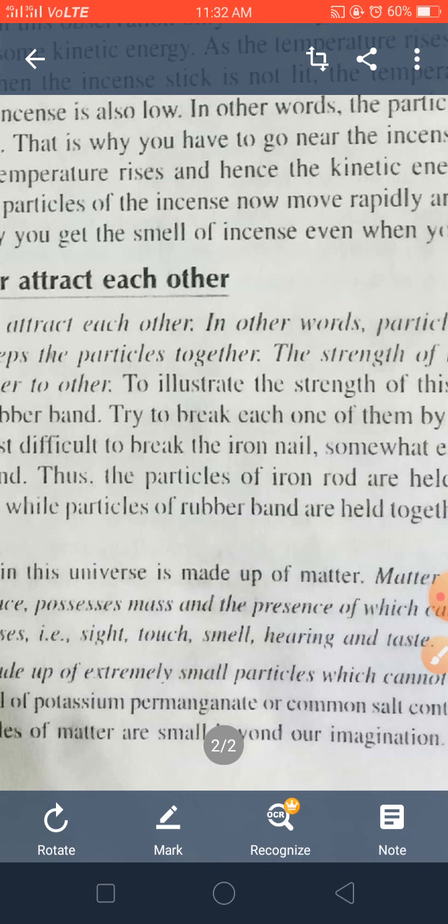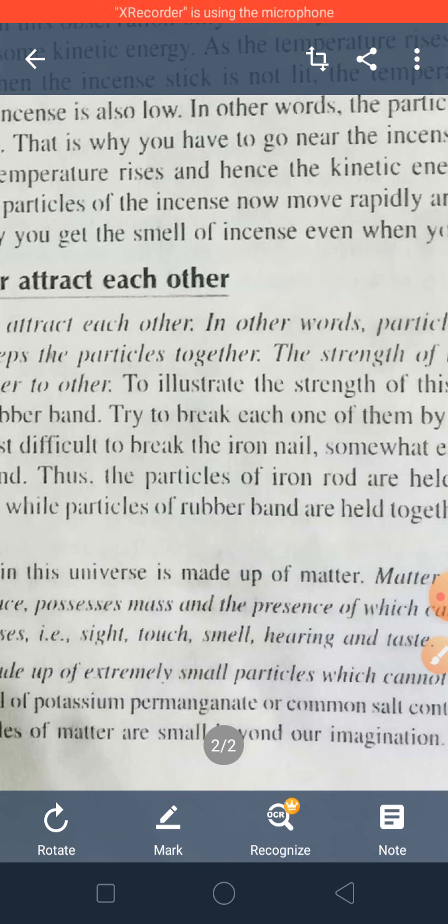But if we continuously heat this liquid water, you can observe that the particles of water go into the vapor phase, that is, they start moving more vigorously while changing their phase from liquid to vapor. This indicates that particles of matter must be continuously moving.